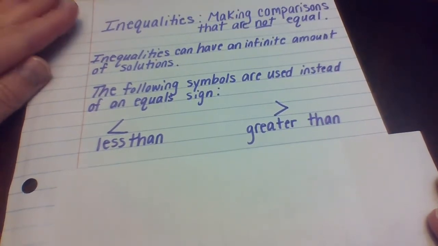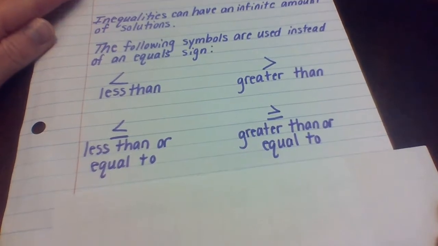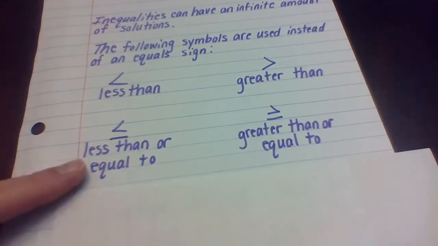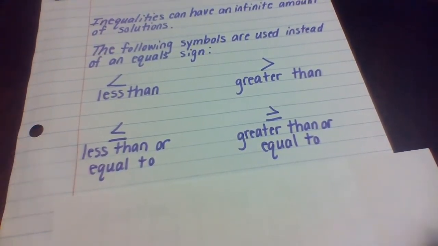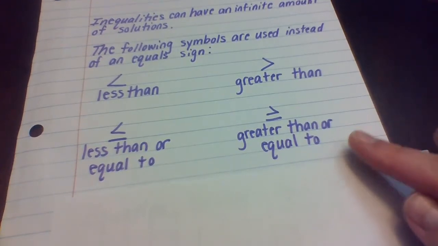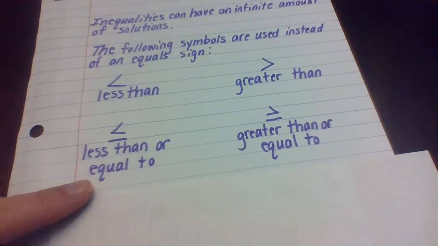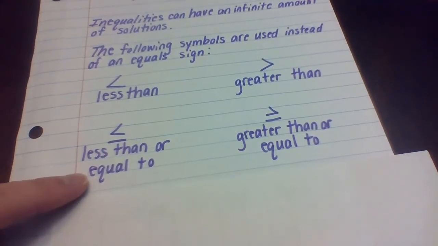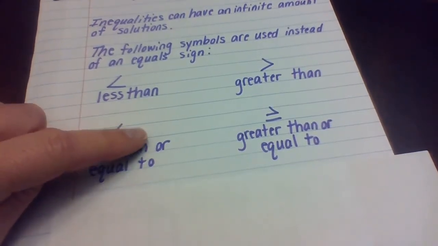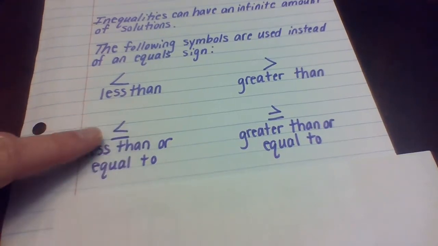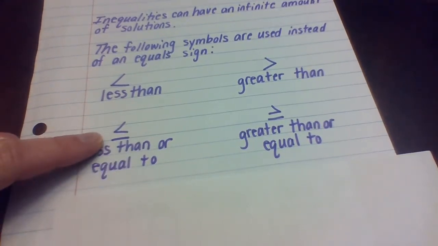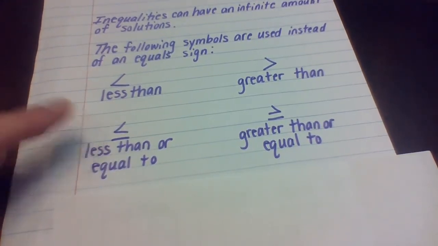These may look familiar to you. And then less than or equal to, or greater than or equal to. So that means that if you're looking at something like this, let's say I have a 5 over here, the answer could be less than 5, or it could also be equal to 5.